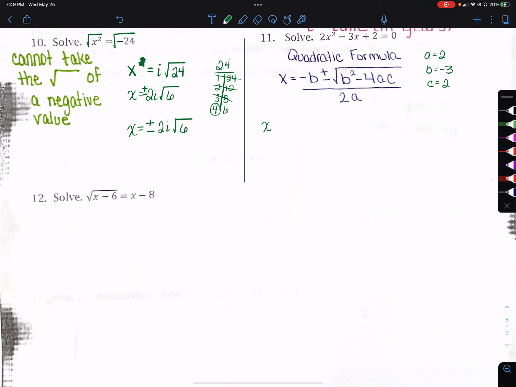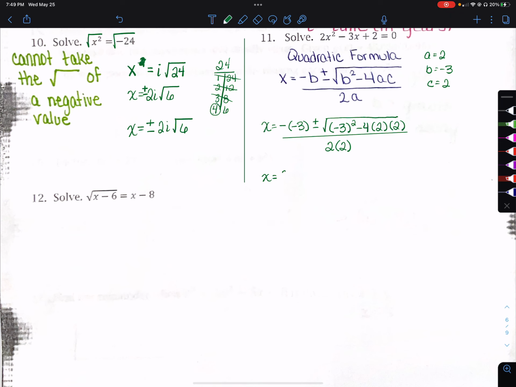So we have x is equal to negative 3 plus or minus the square root of negative 3 squared minus 4 times 2 times 2 all over 2 times a, which is 2.